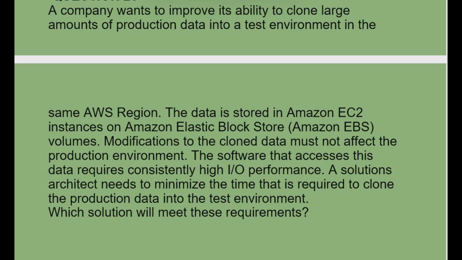Modifications to the cloned data must not affect the production environment. The software that accesses this data requires consistently high I/O performance. A solutions architect needs to minimize the time that is required to clone the production data into the test environment. Which solution will meet these requirements?